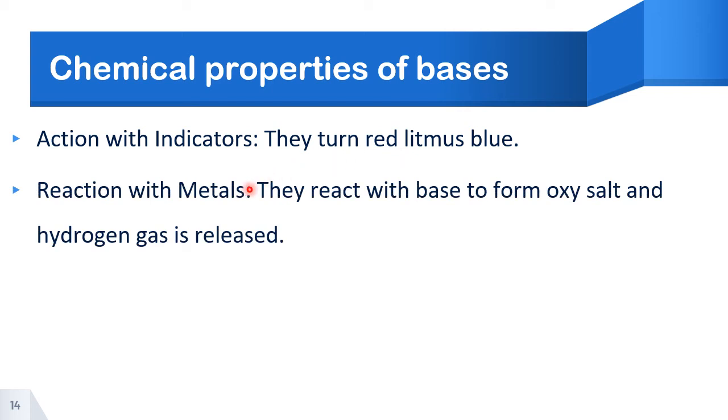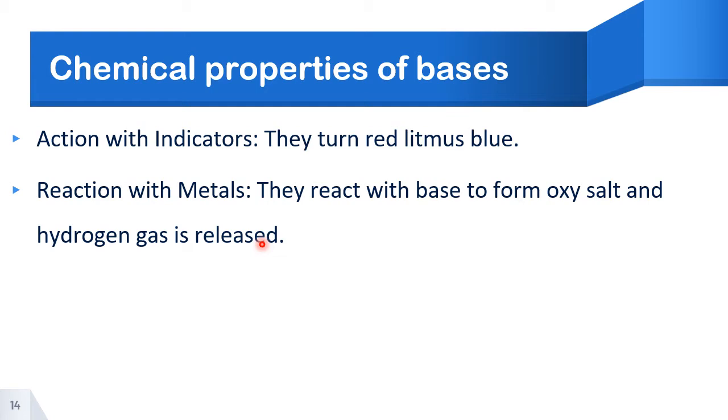Reaction with metals. The same reaction we already studied under acids. Now bases with metals: they react to form oxysalt and hydrogen gas is released. Same result as acid plus metal, which gives metallic salt and liberation of hydrogen gas.